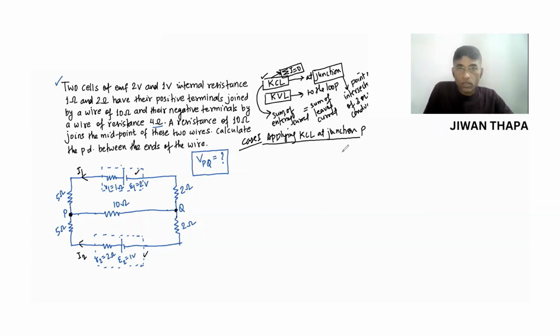So we have current I1 entering junction P. We have current I2 moving towards junction P. Now we have this branch, so the current flowing in the branch PQ is I1 plus I2.